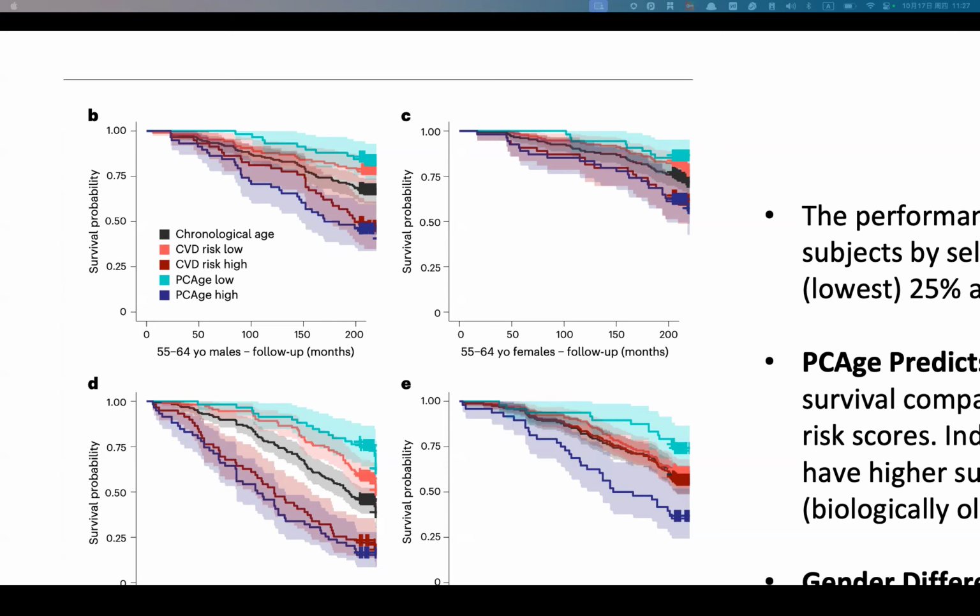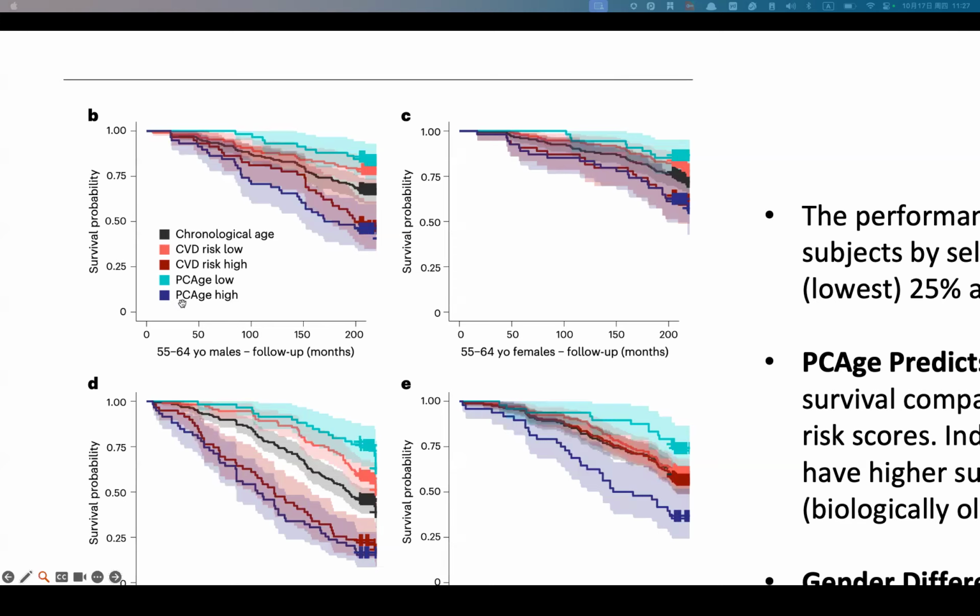PCH performs better than CVD risk. But CVD is only one type of disease. Yes. If you do CVD plus cancer, you break it down, everything. Yes, this is just one example of this analysis. I think you are probably heading in the same direction.